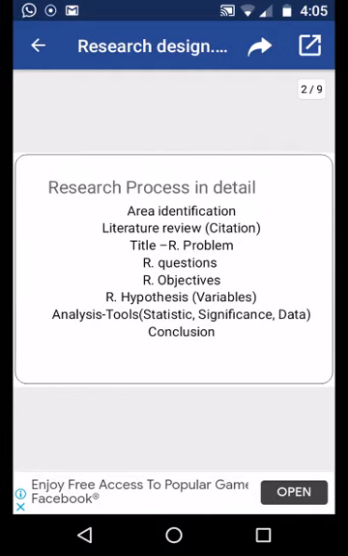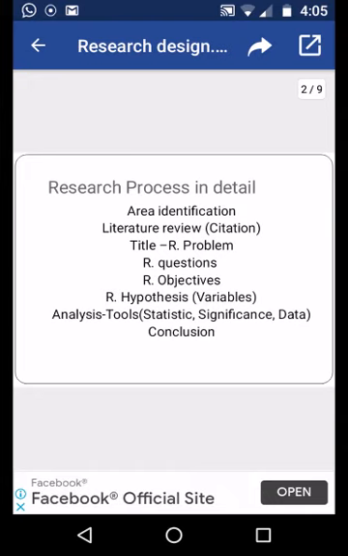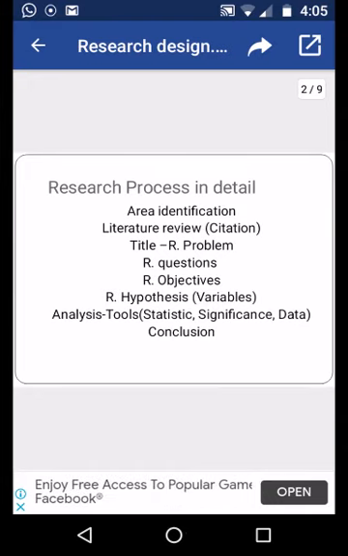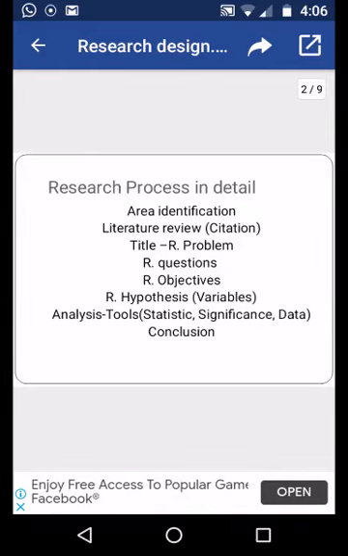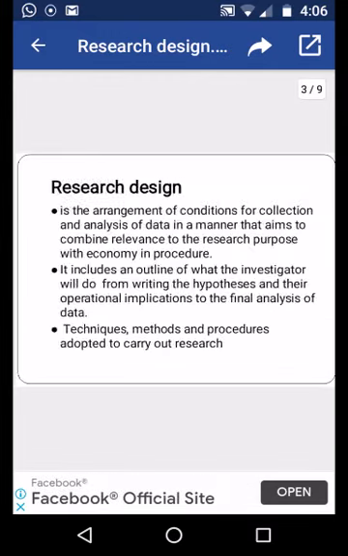This is called research design. This analysis part, which method, which sample, who are the sample respondents, how the sample is selected, where is your population, all that is part of research design, which we will be discussing in the next PPTs. And then conclusion. Based on your research you give a conclusion.